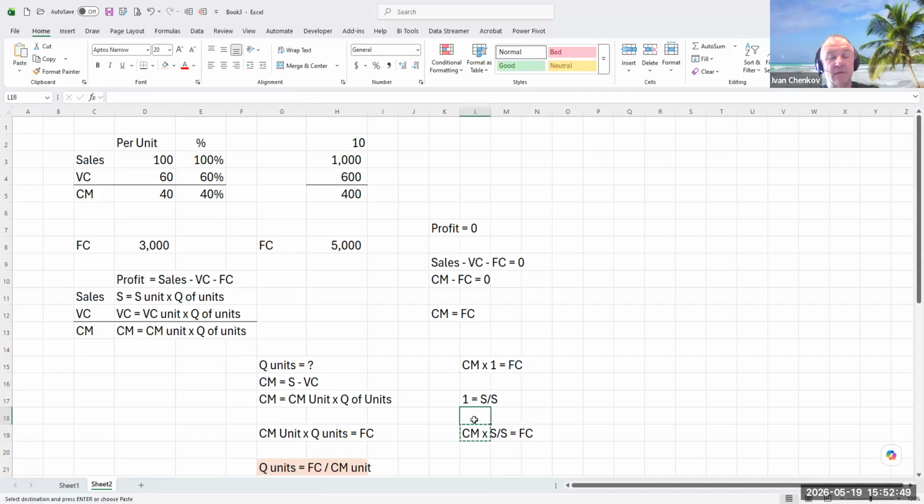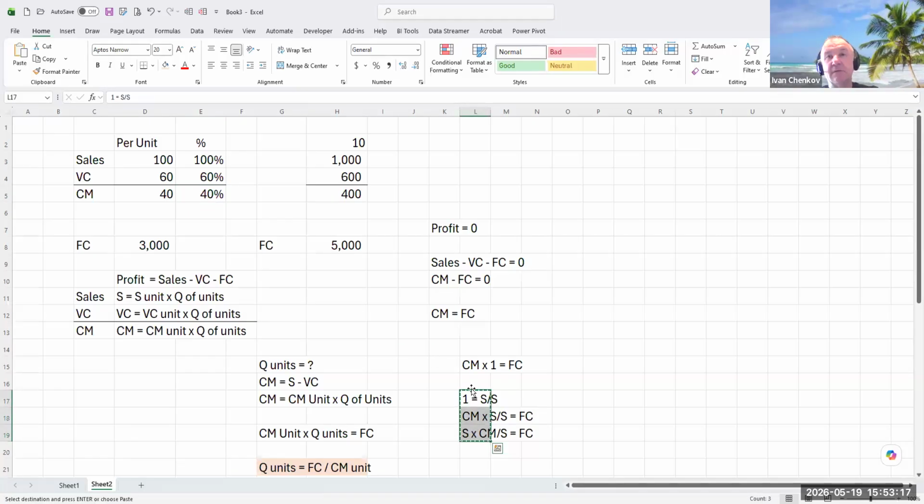Now, once I know that, what I can do is break the sales, and what am I going to have? I'm going to have sales times contribution margin divided by sales should be equal to fixed cost. But hold on a second. Contribution margin divided by sales, that's the contribution margin ratio.